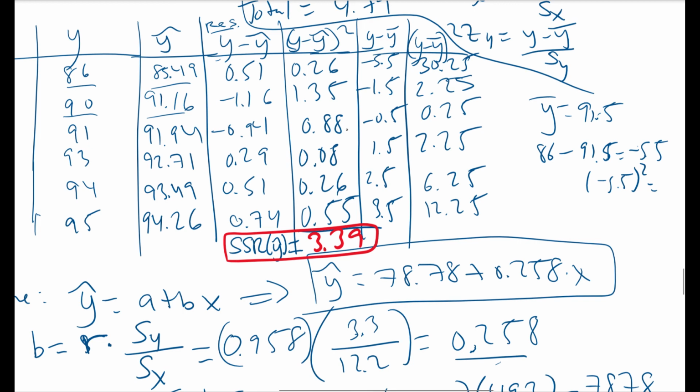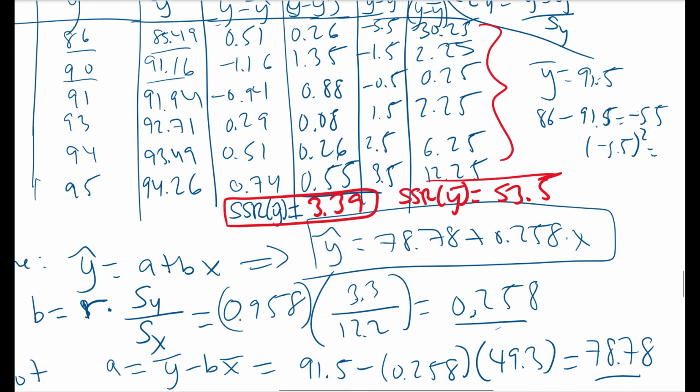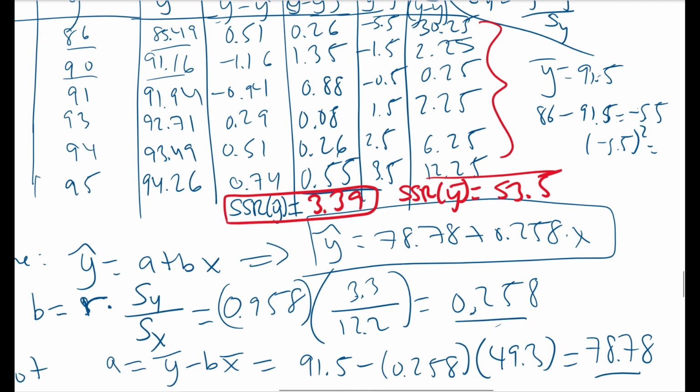Now we're going to do the SSR for y bar, and in order to do that, we just have to add these. If we add that, we get 53.5. All right, so those are our numbers. Now we're going to put them into the formula.